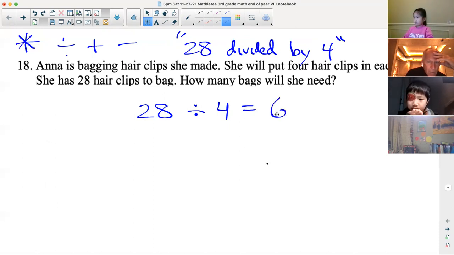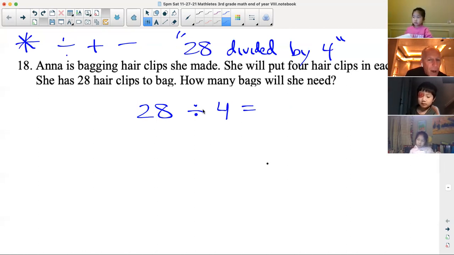So 28 divided by 4 is 60 or 16? 16. Can you take your hand away from your mouth? Because I think that that's making it difficult for me to understand you. Would you do that for me? Thank you. 7. Oh, that's very different.